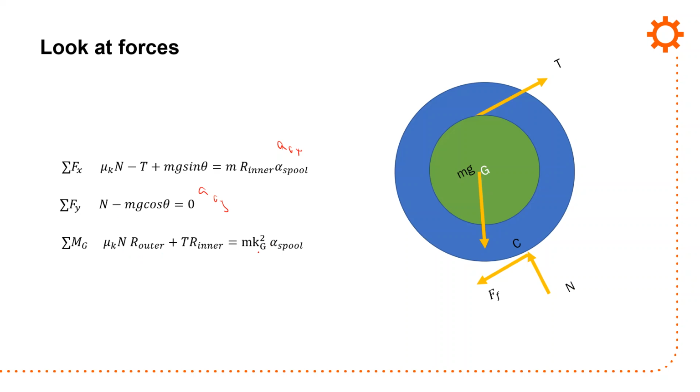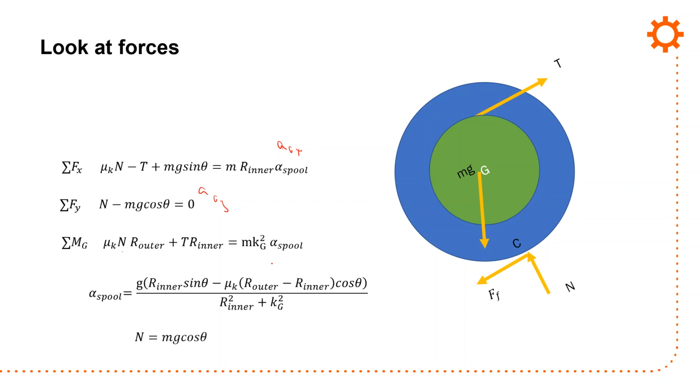And I have some moments about the center, and it's only going to be the moment caused by the frictional force and the moment caused by the tension. That's going to be I_g, m k_g squared, times alpha spool. And so the equations look a little bit different. These signs change, and these signs change.